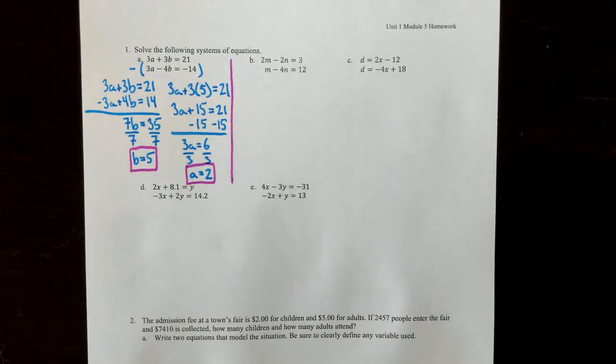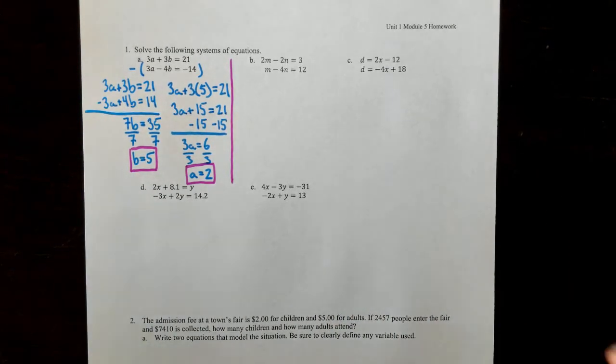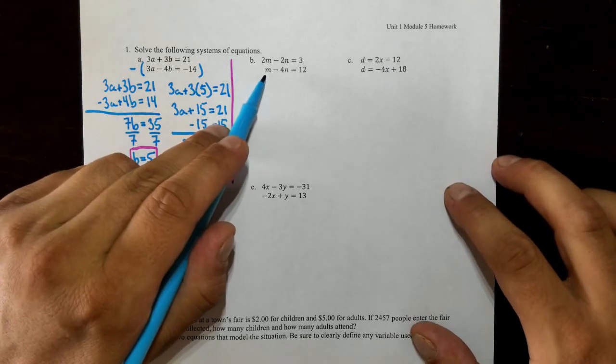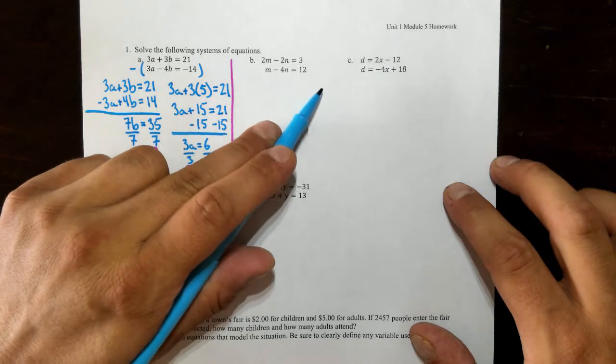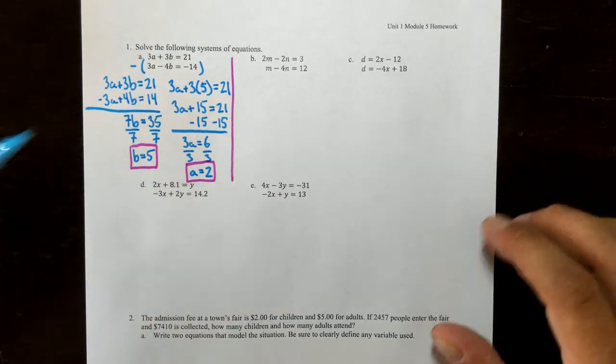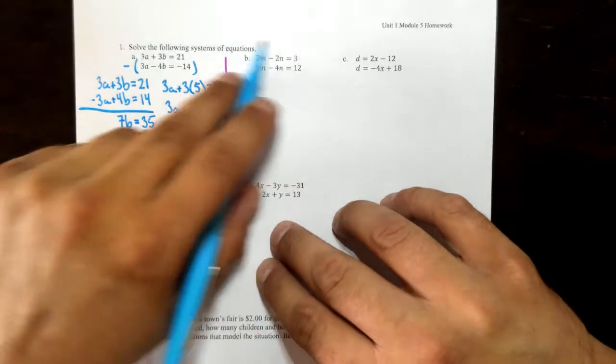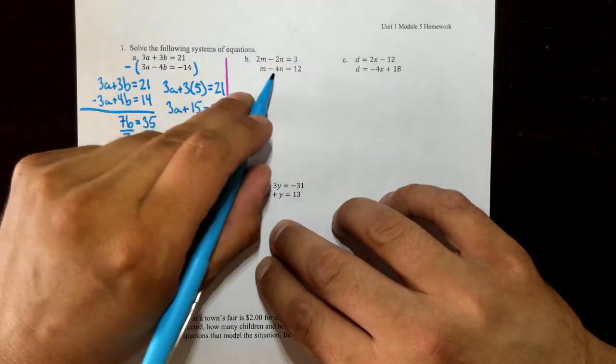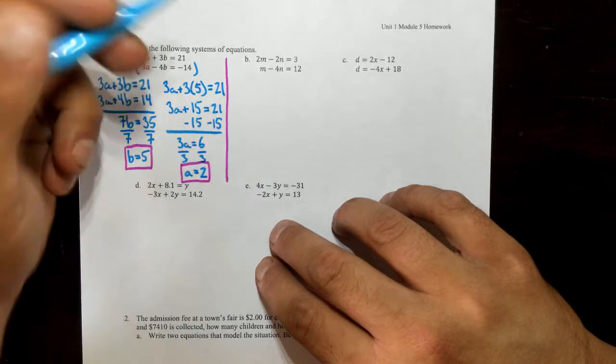And here I'm just going to use the substitution method. I see that this bottom function, all I need to do is move this 4n over in order for me to solve for m. When doing the substitution, I'm going to solve for a variable first, and I'm going to solve for m.